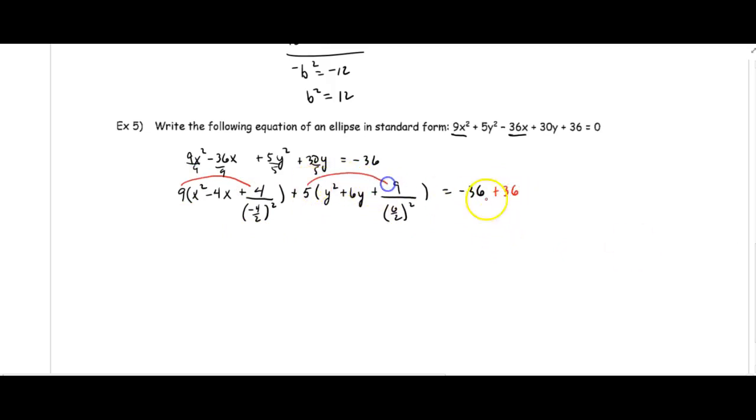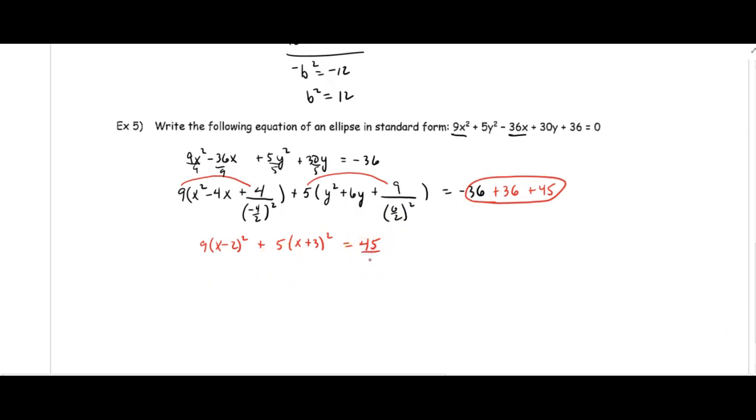What is 5 times 9? That's 45. I have to add that to the other side. So right away I get 9 times (x minus 2) all squared plus 5 times (y plus 3) all squared equals, when I add these together, I get 45.